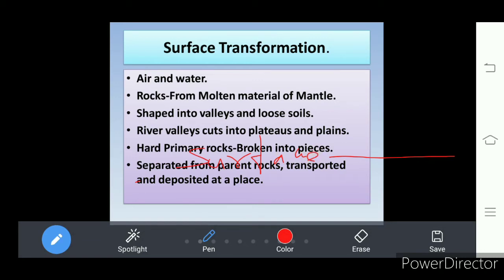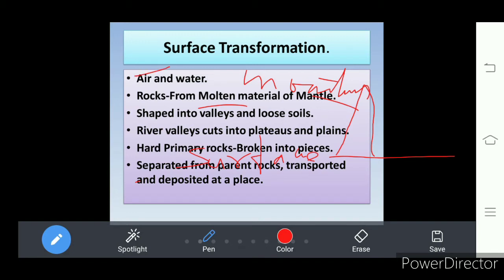Okay, on the earth's surface, we have seen that mountains have formed. It is mountain, okay? And this is the mountain formed when molten material erupted from the mantle. Now, on the earth's surface, what is there?